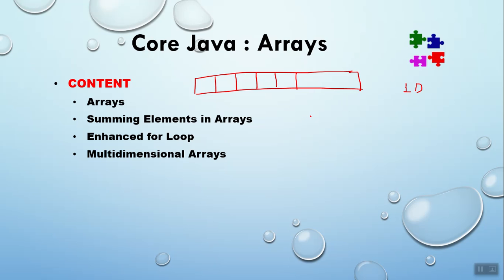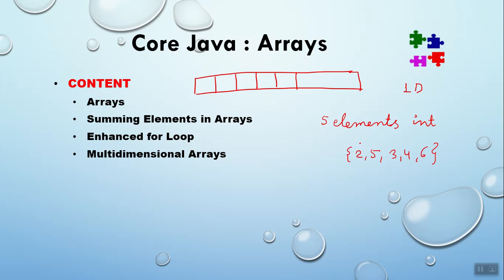When you define an array, you say that you want to store 5 elements in this array, which is of integer type. Suppose you want to store 2, 5, 3, 4, 6.